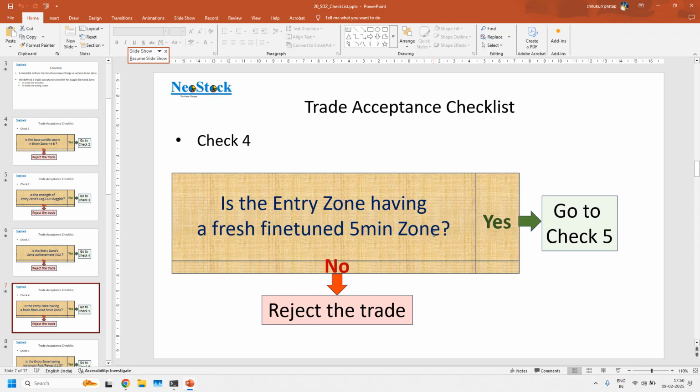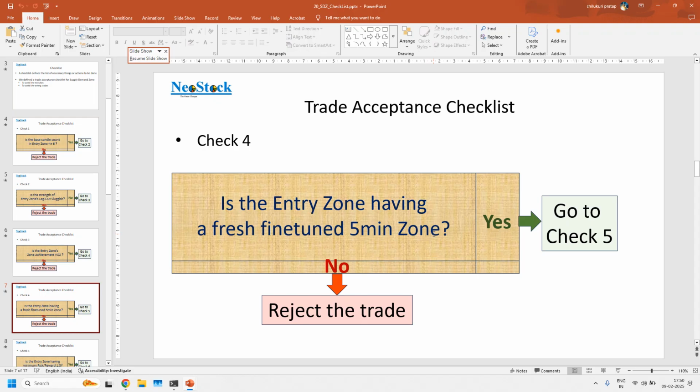What is the rule I identified? If a zone does not have a fine-tuned 5-minute zone, there are higher chances the zone will be violated. We have seen many zones not having fine-tuned 5-minute zones, and they are all violated. When you know a zone is going to be violated, what is the reason for accepting the trade?